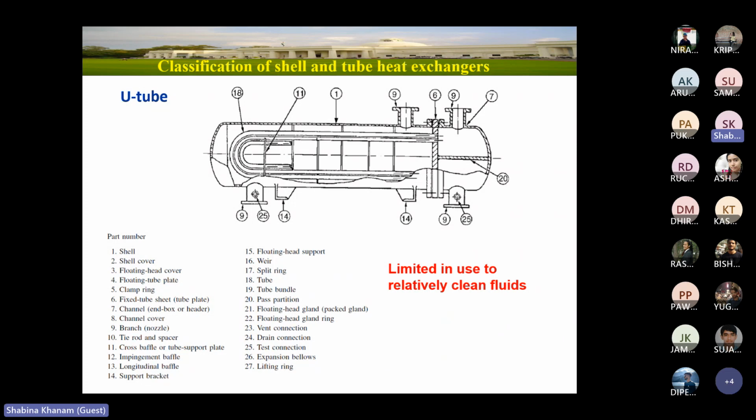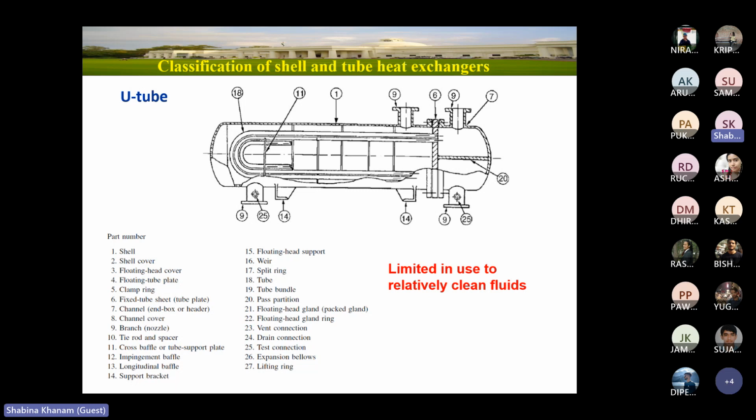However, if it does not have high temperature and there is a fouling fluid, you can use a fixed tube sheet, there is no issue. So the limitation of the U-tube is that it is used for cleaner fluids.